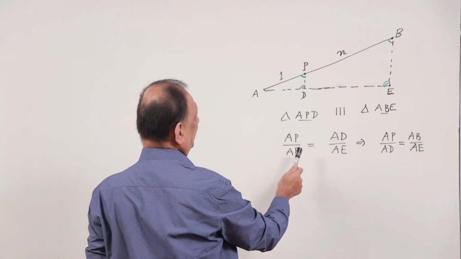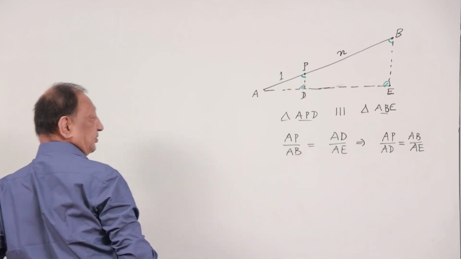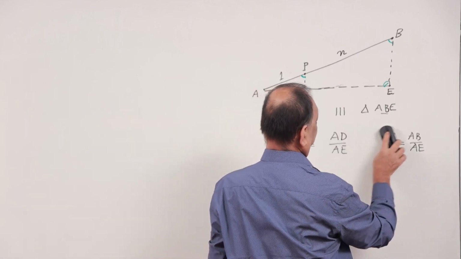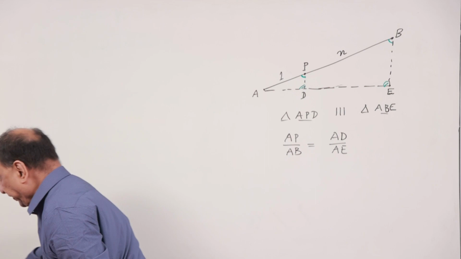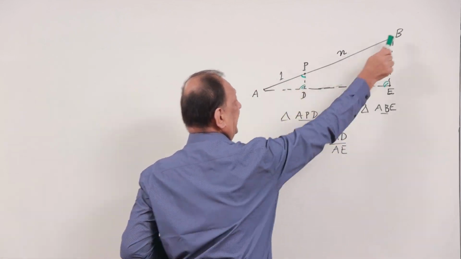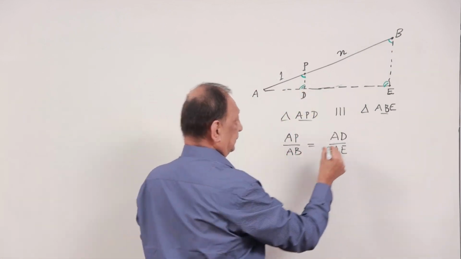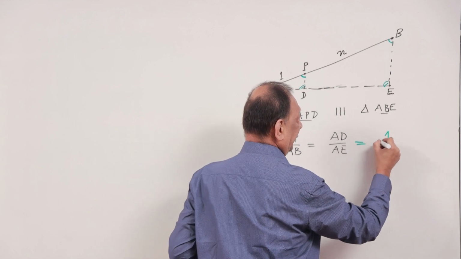I already have the AP by AB, no? So I don't need to do this exchange also. What is AP by AB? 1 by n plus 1.